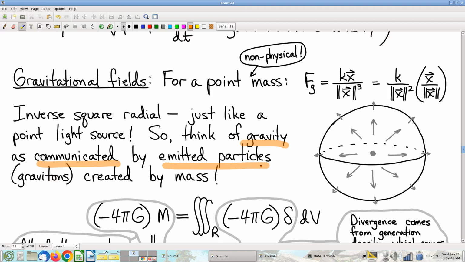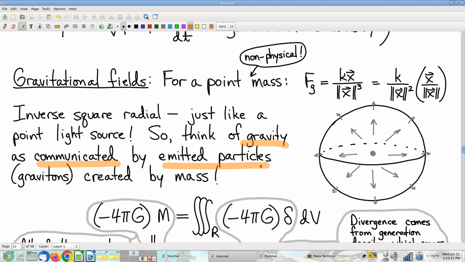Mass, so goes the theory, emits something called gravitons that fly outward. It's just a theory, right? And whether it's true or not is a long, complicated conversation. And whether it's even believed is a long, complicated conversation, as it turns out.